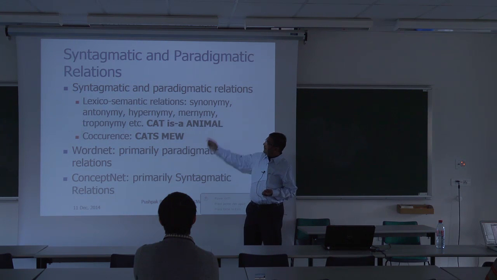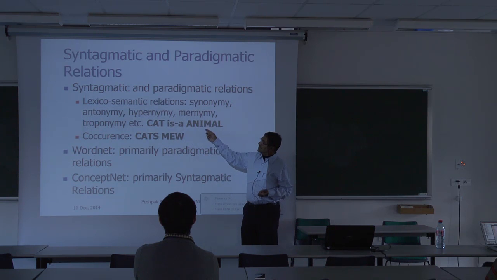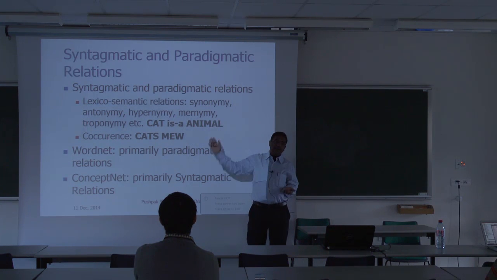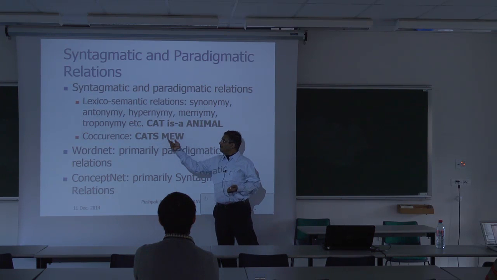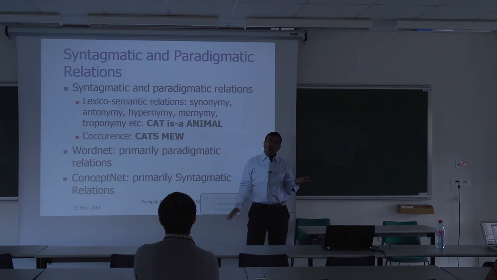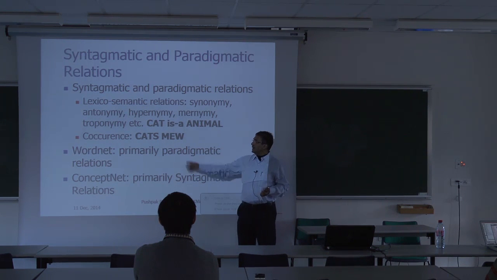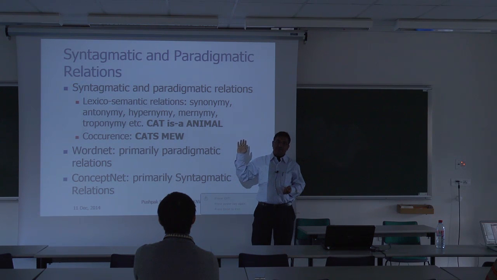This is a hypernymy relation between cat and animal, and that is defined as the paradigmatic relation. Whereas cat and mew, the fact that cats mew, appears in textual corpora, and this is a kind of co-occurrence. This is also known as syntagmatic relation.